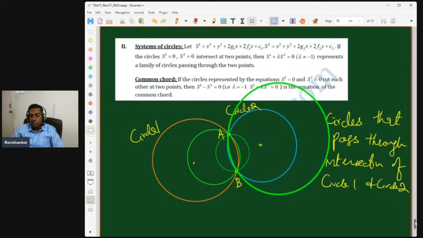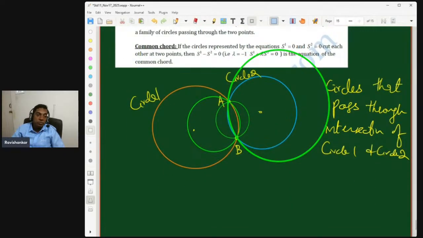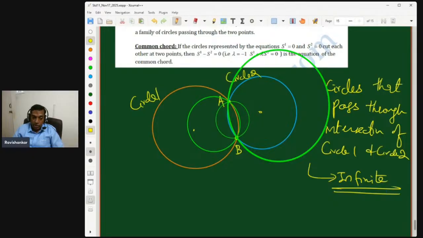So all the green circles pass through A and B, and this means there are infinite such circles. Please understand, all of the green circles are circles that pass through the intersection of circle 1 and circle 2.